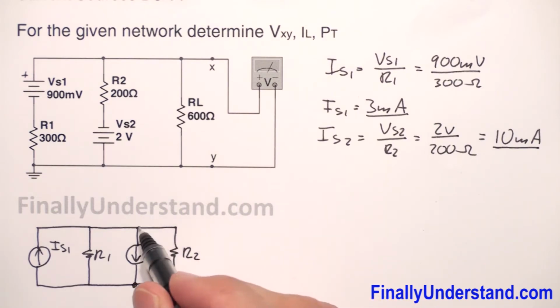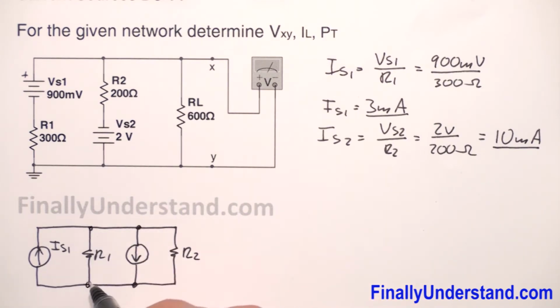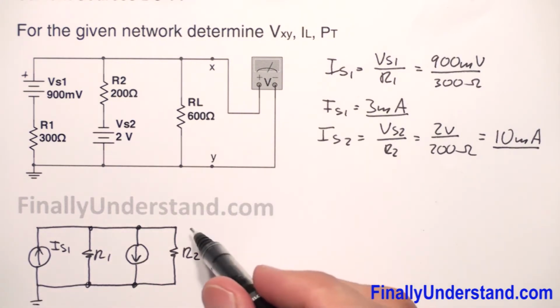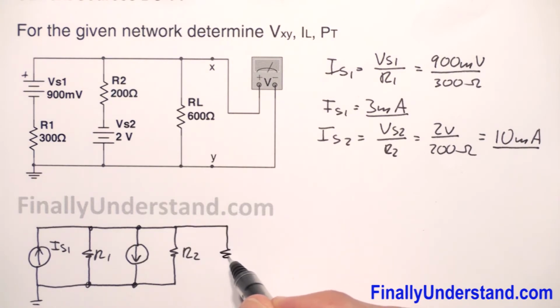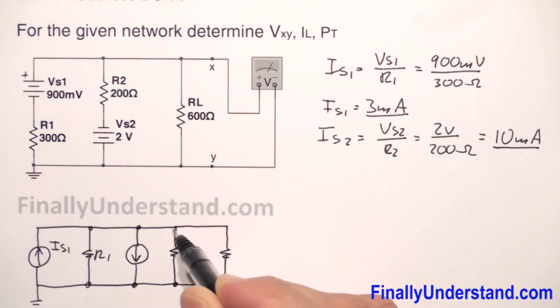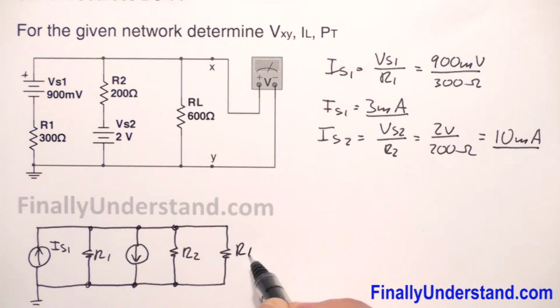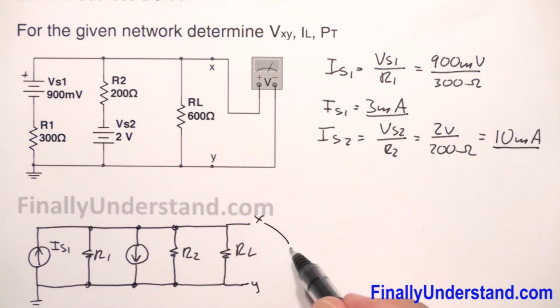Okay, this is my ground, and I have my resistor RL over here. RL, and of course this is my voltmeter connected to terminals XY. Okay, this is my voltmeter over here.